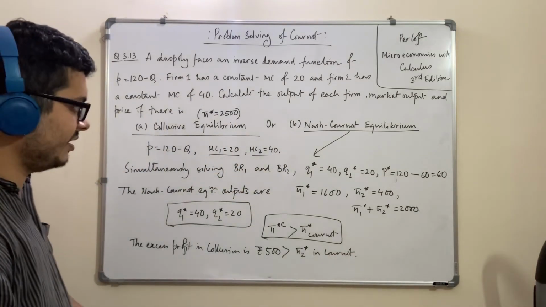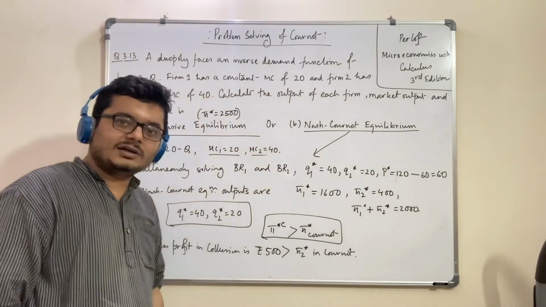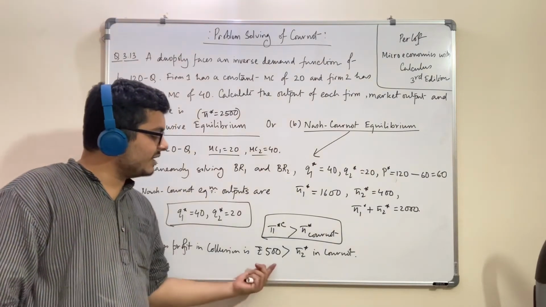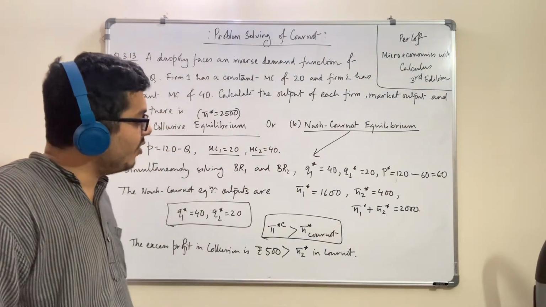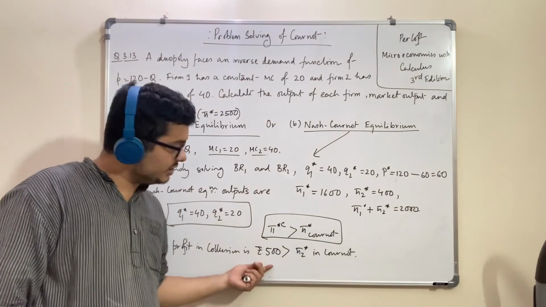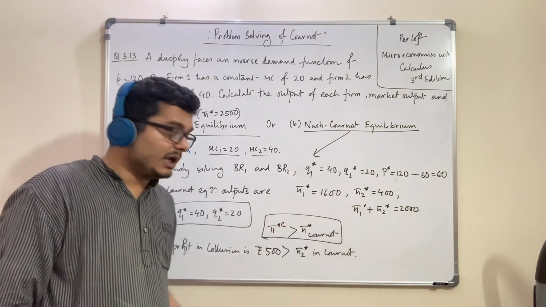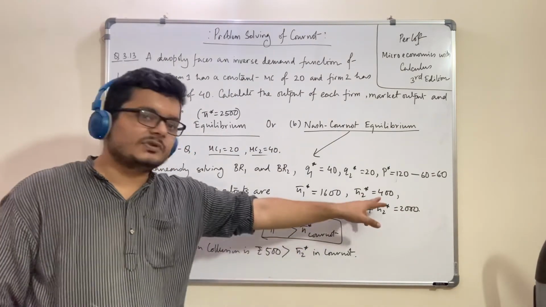So firm 1 can just take this rupees 500 and offer a share of profit to firm 2, a share which is obviously more than 400, right?